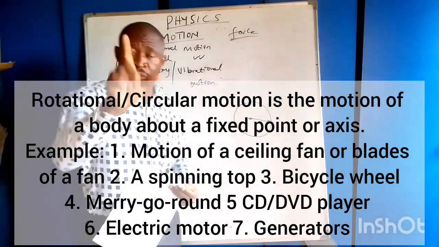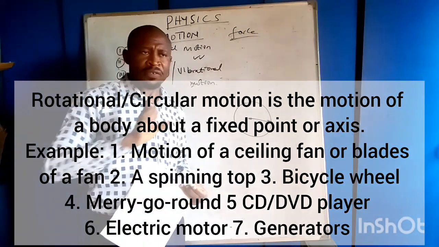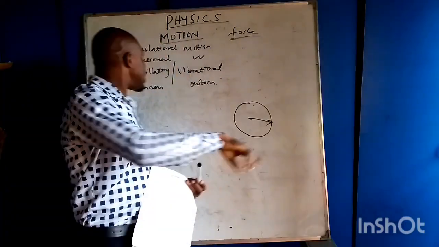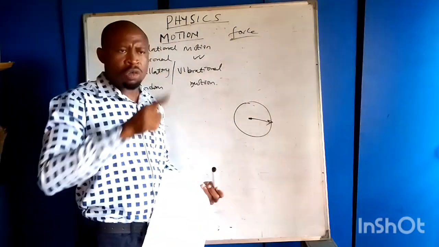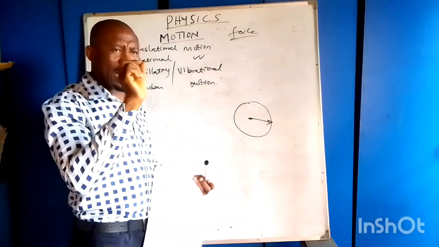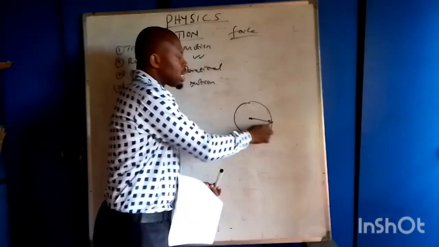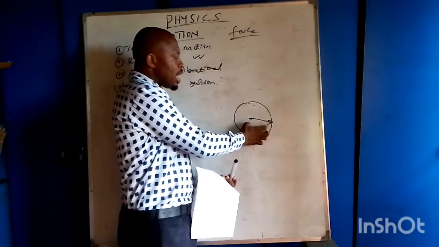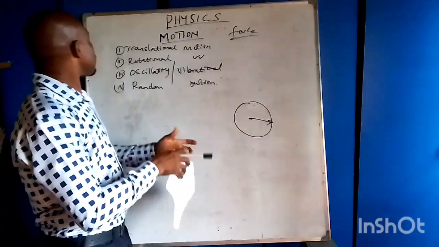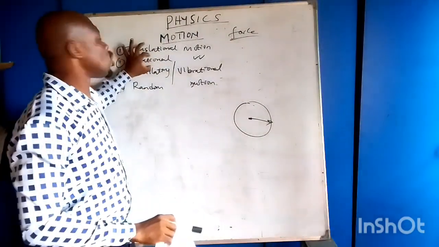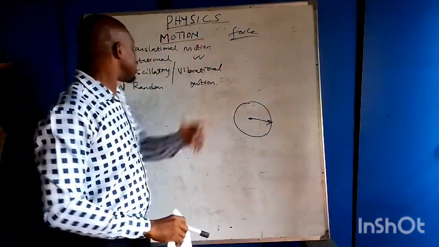For example, the rotation of the ceiling fan is rotational motion, while the blade itself moves around a circular path. Of course, it has an equal radius from the center. Apart from that, circular motion and rotational motion are the same thing.